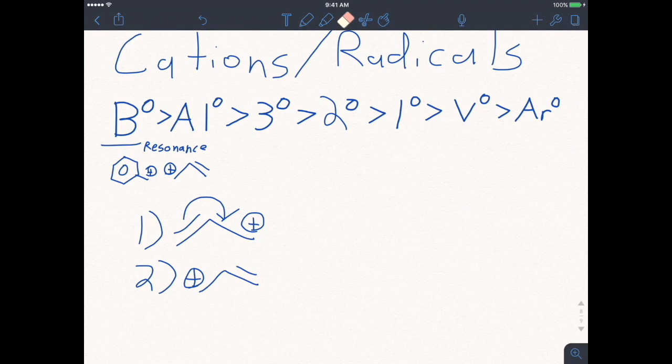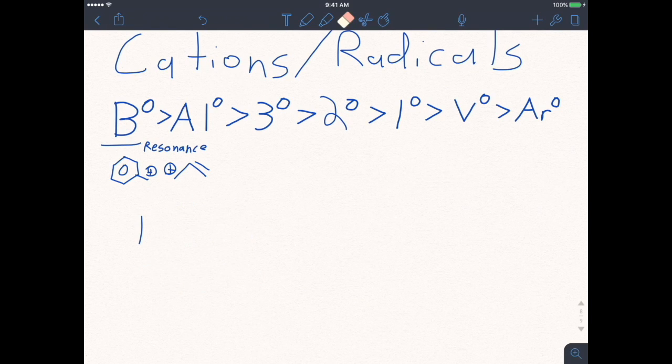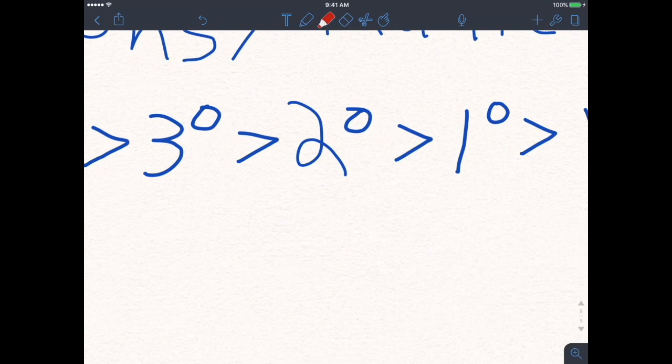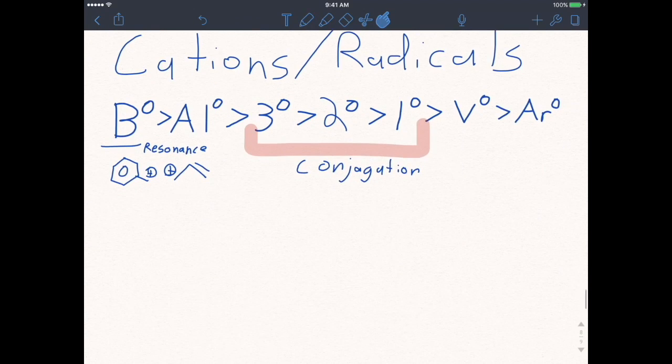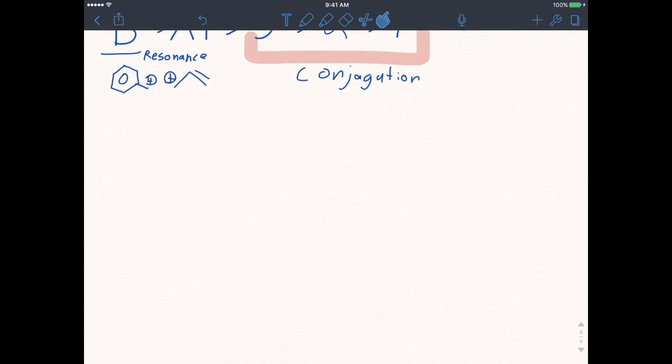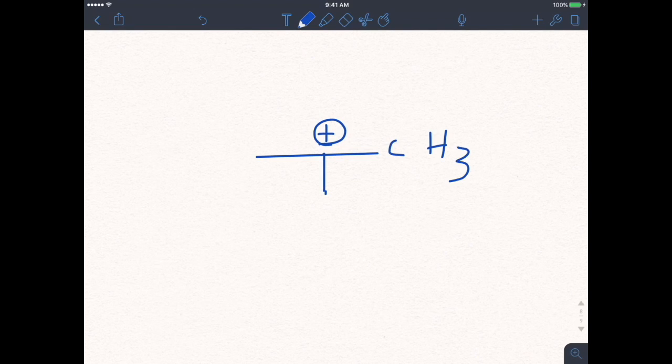Our next 3 are stable because of conjugation. So tertiary, secondary, and primary, all due to conjugation. Now, conjugation is basically the stabilization of that positive charge. So this will show a tertiary carbon right there. And I'm going to go ahead and write the CH3s here.